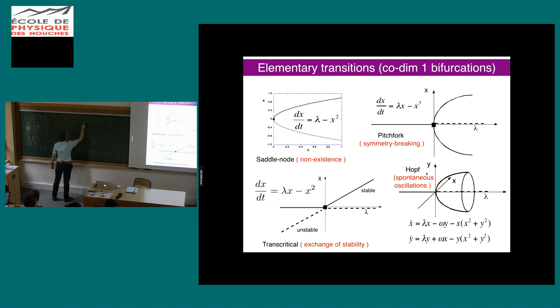You've seen these pictures many times. It's called a back-to-back saddle node bifurcation, because there are two of them. Both are saddle nodes. You have two stable states. You will see them also tomorrow and maybe in other talks, where you have here an unstable part. So why would that be? Why would you have a back-to-back and not a single saddle node?